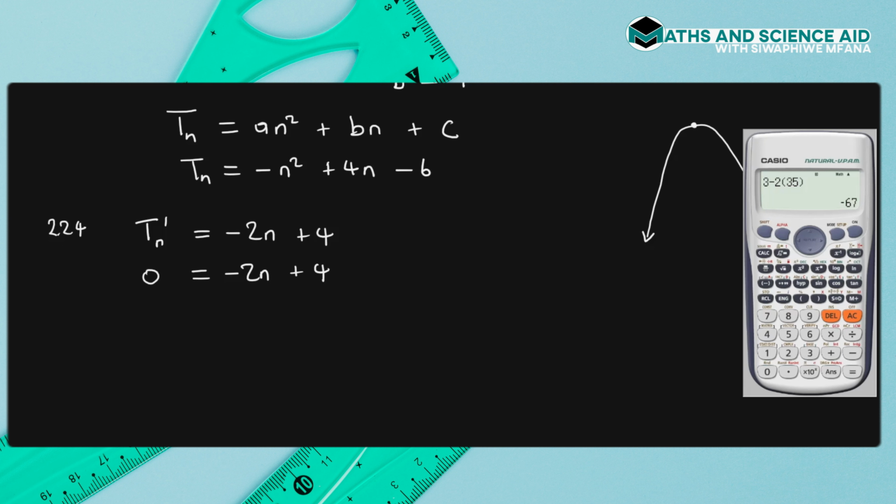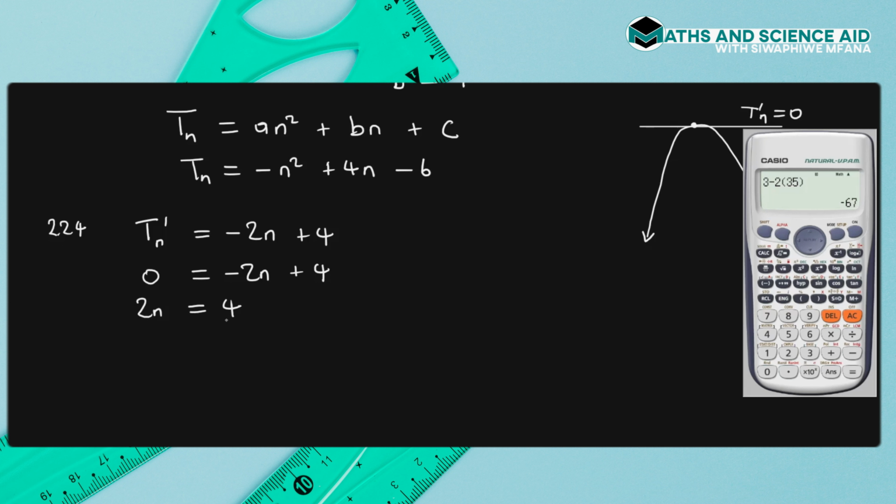And remember that a derivative of a function can only be equal to 0 at the turning point. So t prime of n is equal to 0. So we can just transpose -2n into the left-hand side to get +2n.